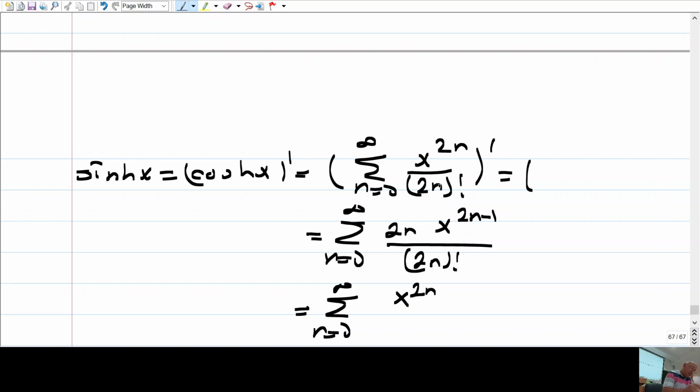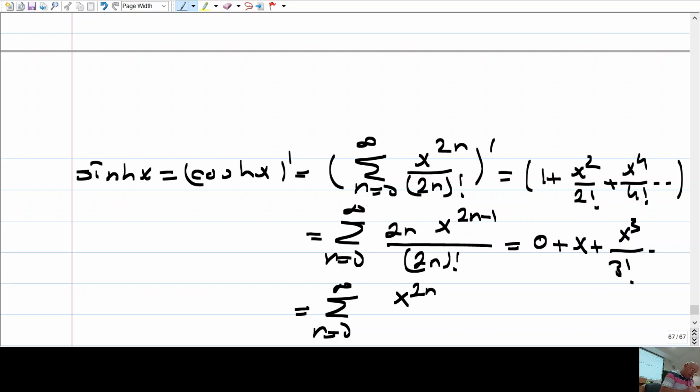When n equals 0, I have x to the power 0, which is 1, and then x squared over 2 factorial plus x to the 4 over 4 factorial and so on, right? So when you take the derivative you get 0 plus 2x over 2 factorial, so it becomes x, then x cubed over 3 factorial, and then x to the 5 over 5 factorial and so on.